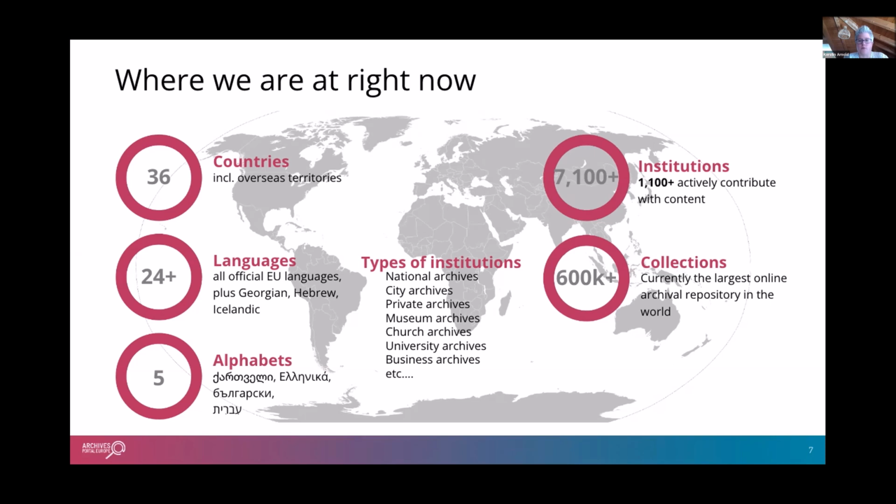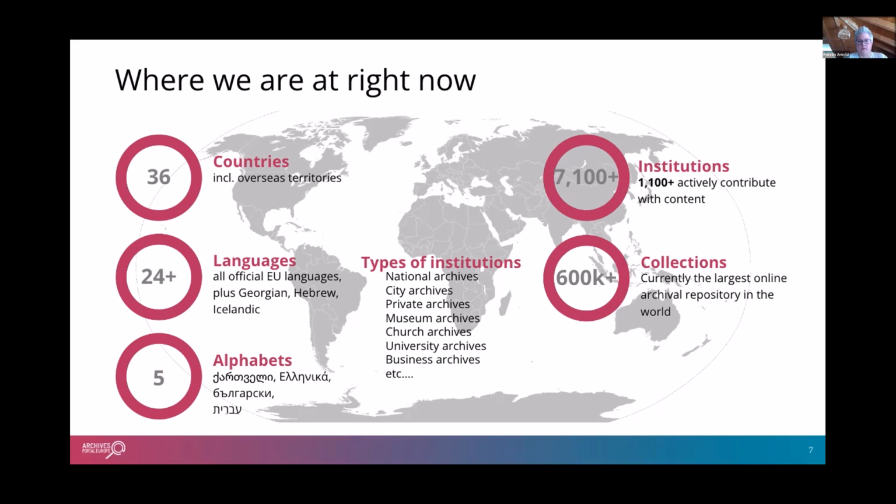We have more than 7,100 institutions presented. Not all of them are providing content at the moment. In terms of content providers, we have around 1,100. And that means we have 600,000 archival collections being described from the collection level to the item level. And if available and provided to us, we also link back to digital representations of the material.